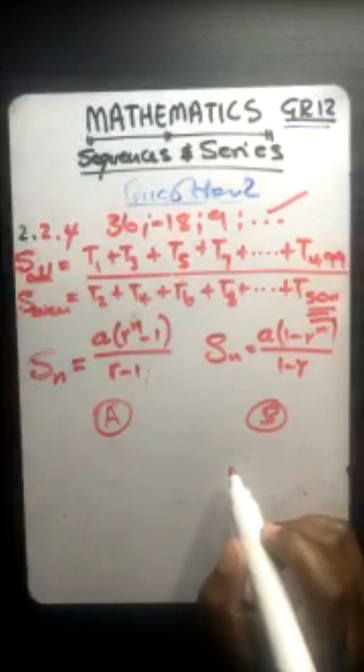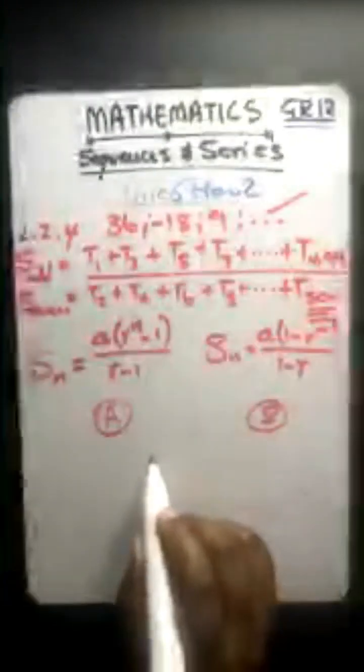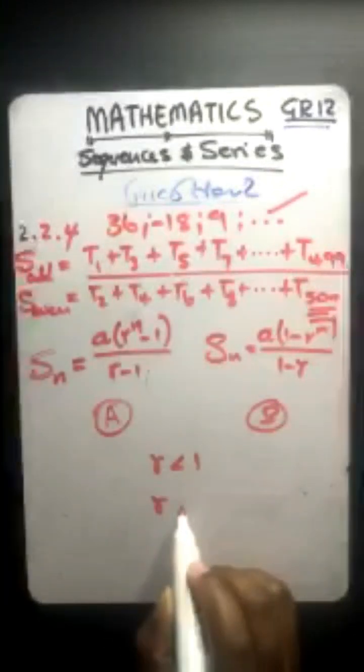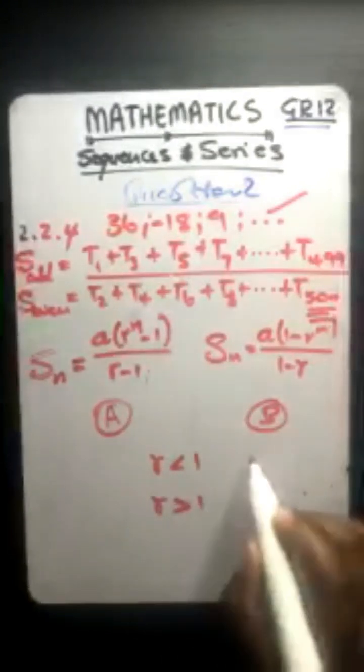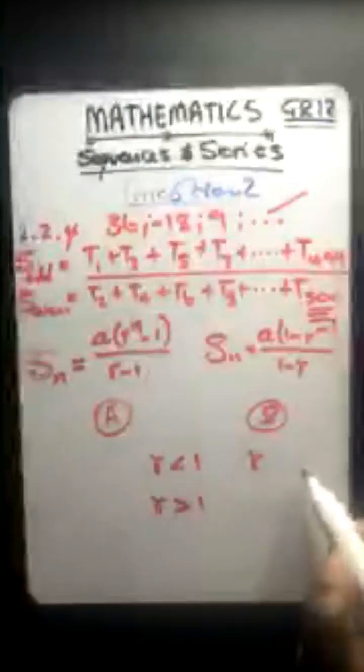Remember, this is where you need to remember that we have one where we say r is less than 1, and then we have another one which says if r is greater than 1. So our r, is it greater or less than 1?